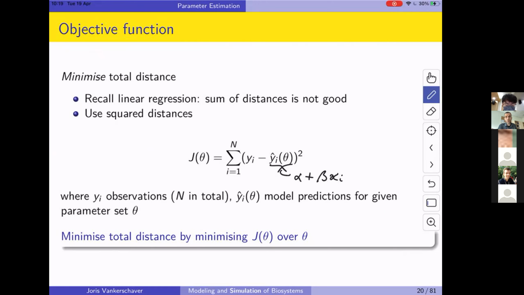We will have one argument for each parameter, and we'll use theta as a placeholder notation to denote all the parameters. Here theta is basically the vector alpha and beta. So in general, given our objective function, we'll try to find the theta vector that makes J as small as possible.